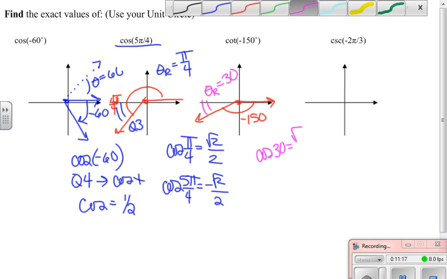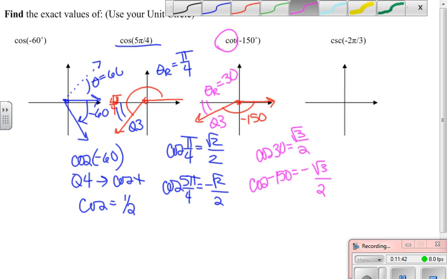Well, that happens to be the square root of 3 over 2, but over here in quadrant 3, we know that cosine is negative. So the cosine of negative 150 is negative square root of 3 over 2. Cotangent, excuse me. So cosine is that, negative.